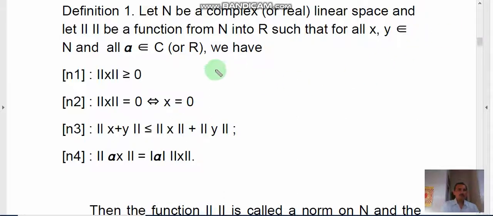Normed linear space: let N be a complex or real linear space, and here we are defining a norm, denoted by double lines, as a function from N into R, such that for all x, y belonging to N and all alpha belonging to C or R, we have the following four conditions.